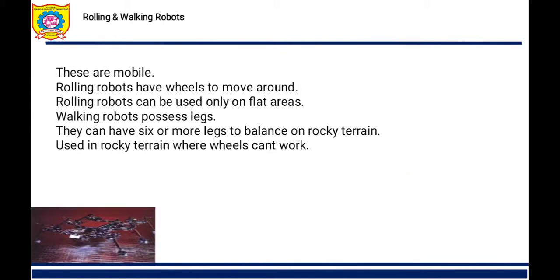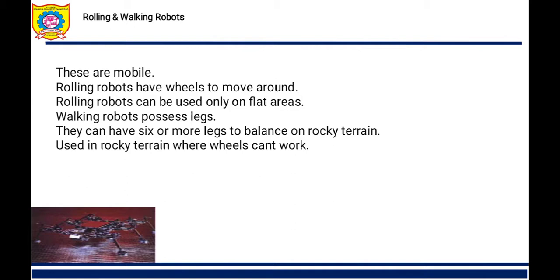Now if I talk about rolling or walking robots, the robots that can roll or walk are all mobile. Rolling robots have wheels to move around. Rolling robots can be used on any flat surface. In order for wheels to operate, they require a flat surface, but a rocky terrain won't do.